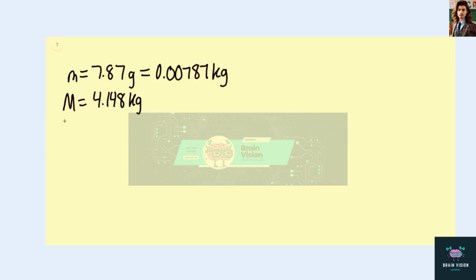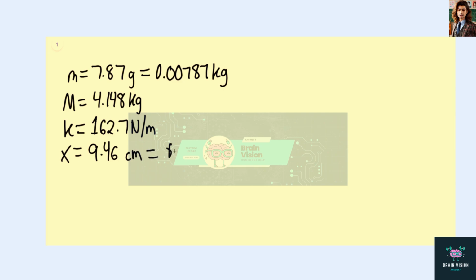And then the spring constant of the rifle is 162.7 newtons per meter, and x is going to be equal to 9.46 centimeters, or we'd say 0.0946 meters.